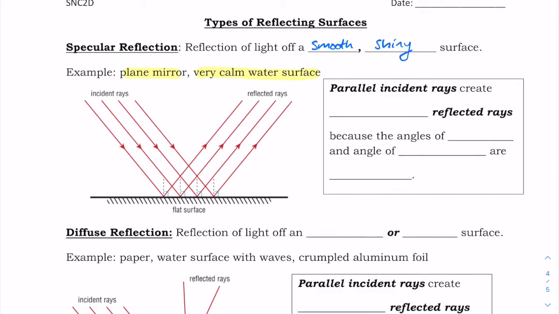So if I have several incoming rays of light that are parallel to each other, then when they reflect off of a flat surface, they're going to create parallel reflected rays.